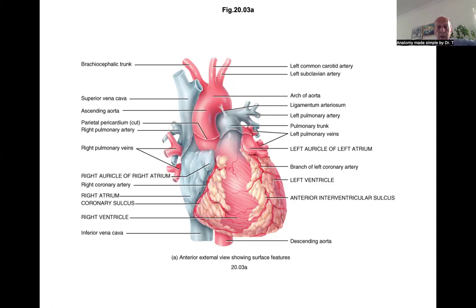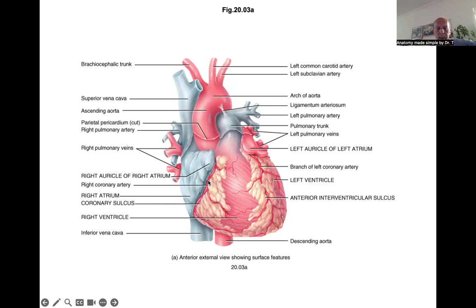Groove in Latin is called the sulcus, and here we have the first one, which appears to be running circumferentially around the widest aspect of the heart. That groove is known as the coronary sulcus or coronary groove. Corona means crown, and like a crown, it goes 360 degrees around the heart.